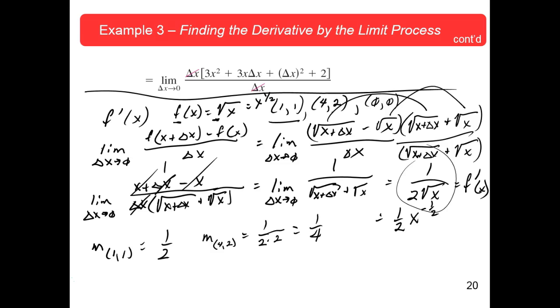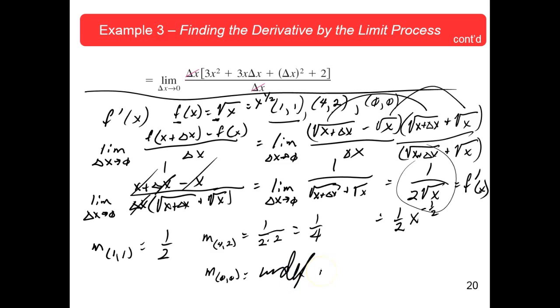It says, discuss the behavior of f at 0, 0. Well, what happens if you do that? m at 0, 0 would be, say again? Undefined. You're absolutely right.